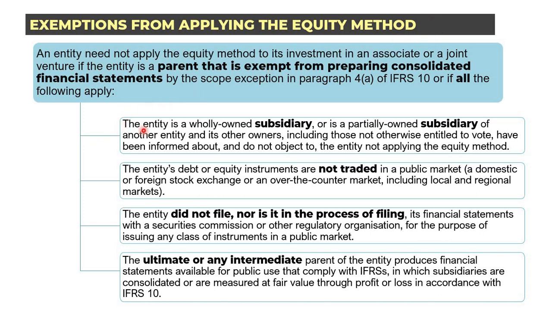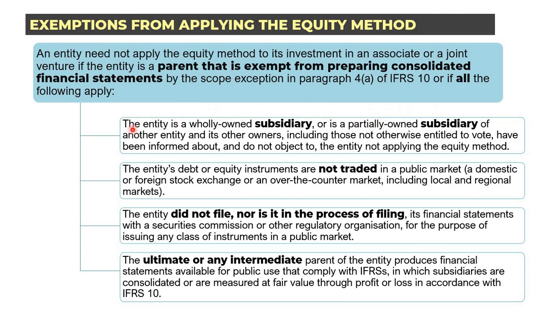So, una, the entity, tayo again, which is the investor, is a wholly owned subsidiary or is a partially owned subsidiary of another entity, and its other owners, including those not otherwise entitled to vote, have been informed about and do not object to the entity not applying the equity method. Tayo daw na entity, which is the investor that has an investment in an associate, tayo ay isang subsidiary, regardless whether tayo ay wholly owned or partially owned.